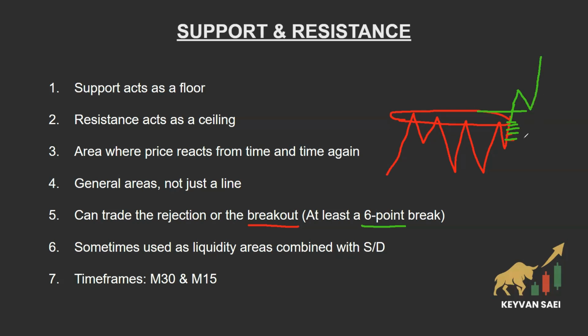And then I would look to long, right? So this would be a proper break for me if it breaks at least around 6 points, because many times it can also happen that it's just a fake out, it breaks 2-3 points and then just comes back down again, right?